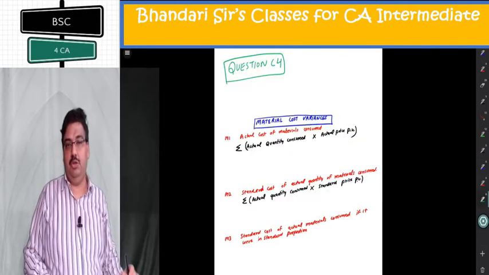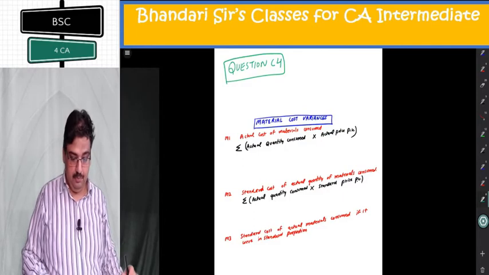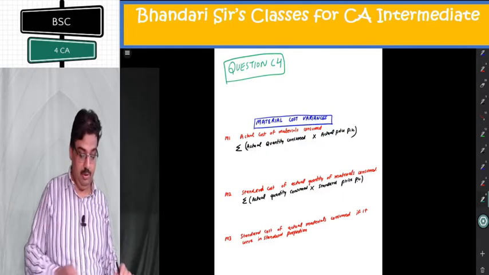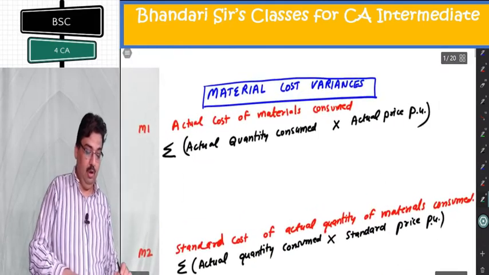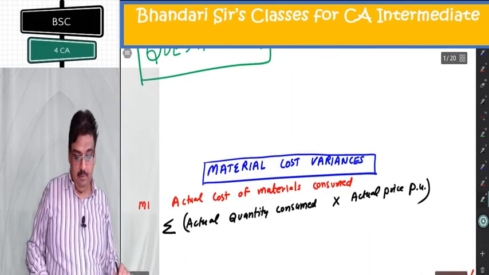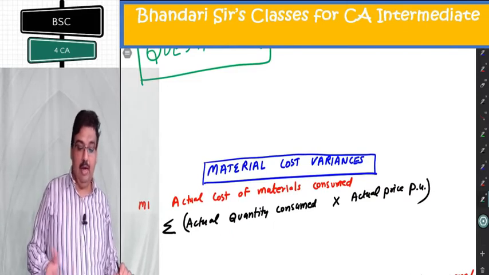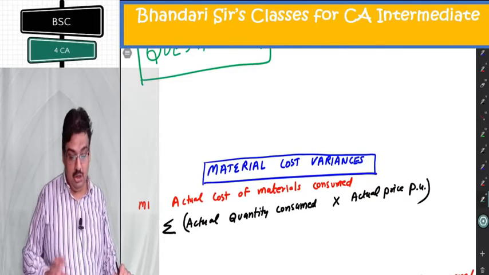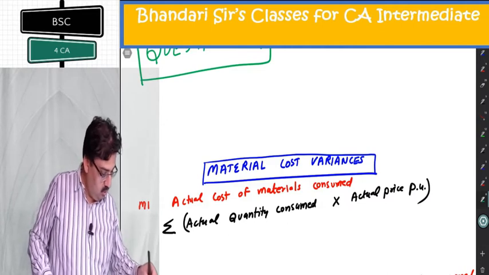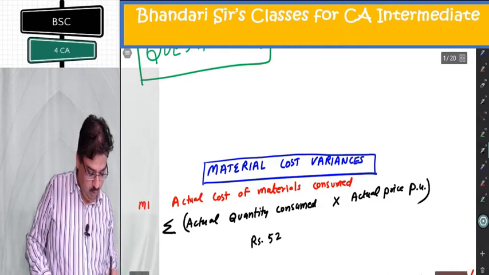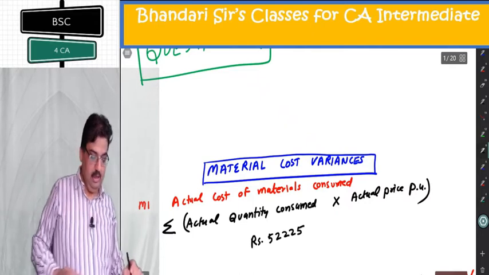The next question is question C4. Again a simple question. Lots of calculations are already given in the question. First of all, M1: the bottom table is about actuals, and multiplication and even addition is given there. So 52,225 is M1.